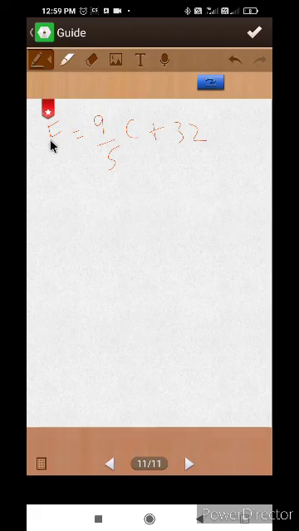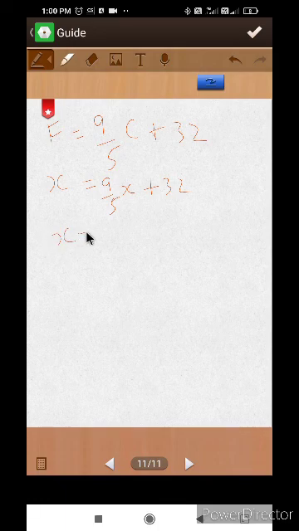So let's say that the value of C and F is X. So X equals 9 upon 5 of X plus 32. So we say X minus 9 upon 5 X equals 32. Then we will take the LCM as 5.